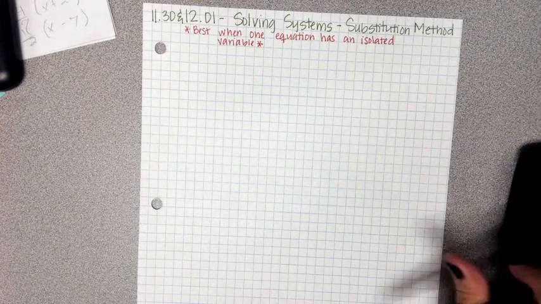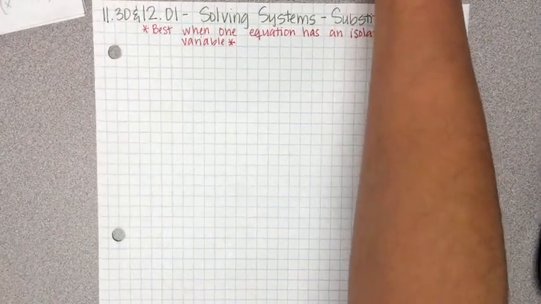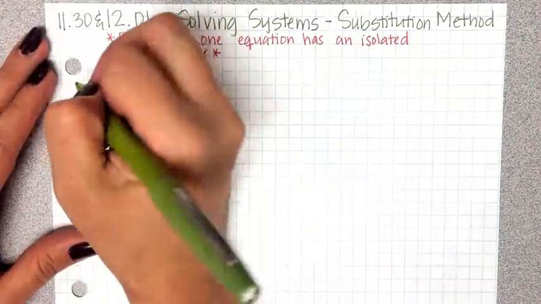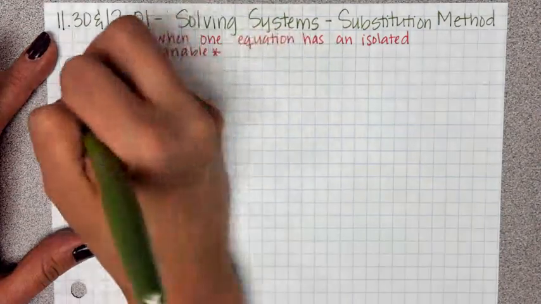So when using this method, let me zoom in some. First, you're going to identify the equation with the isolated variable.